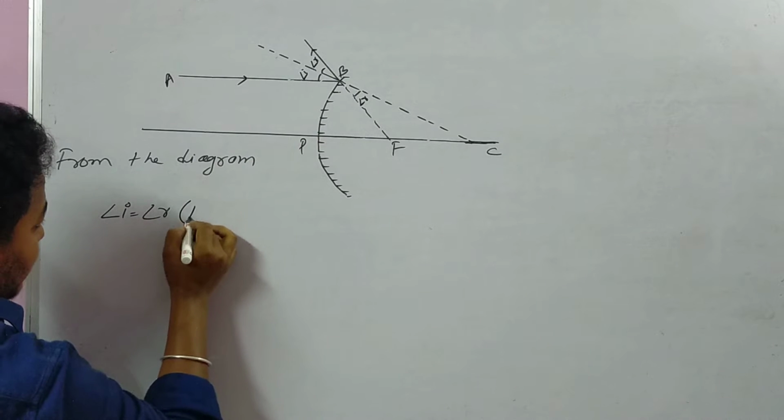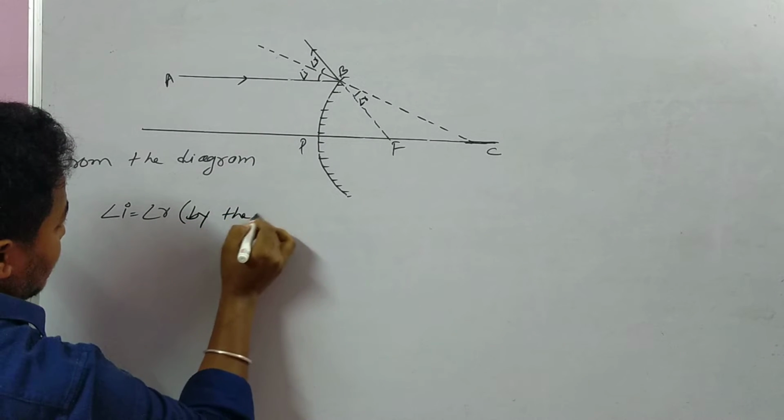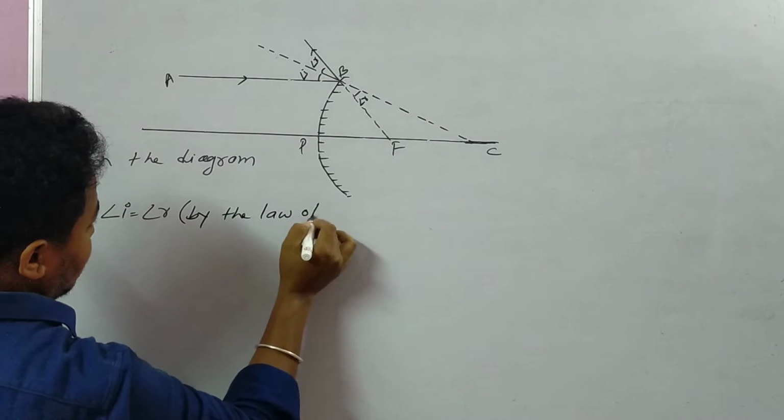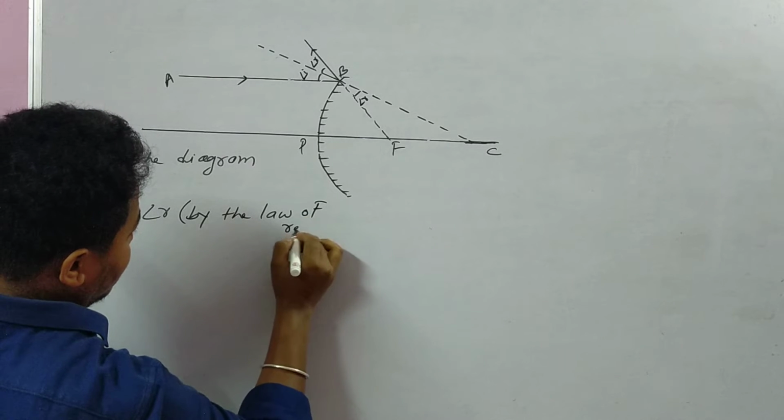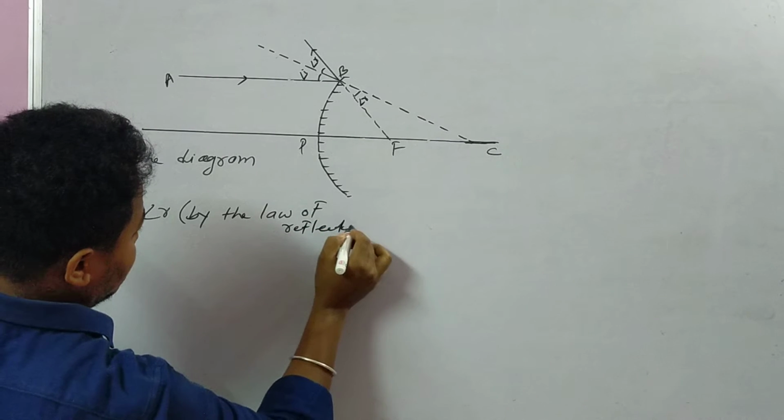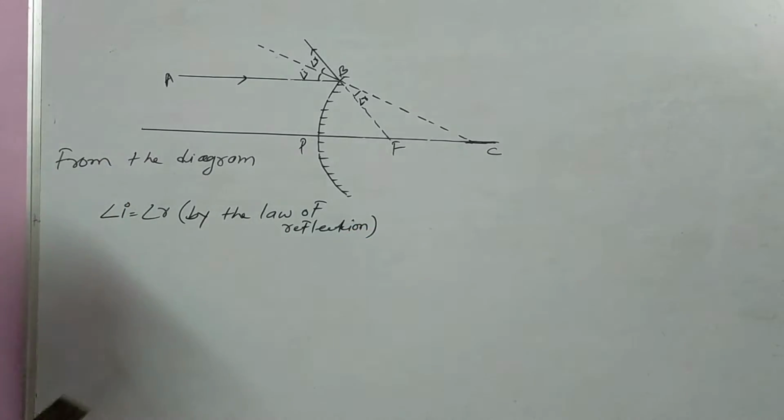Why is this angle equal to this angle? Because of the law of reflection of light.